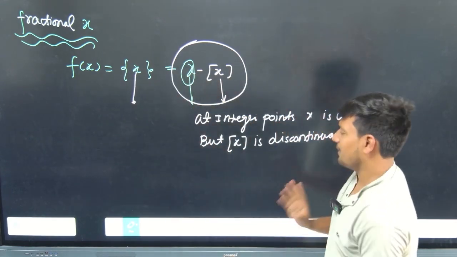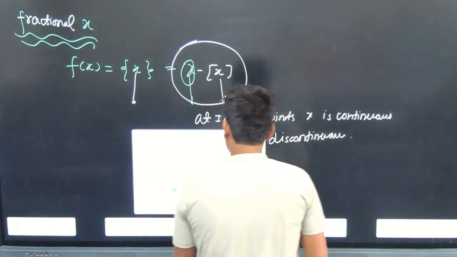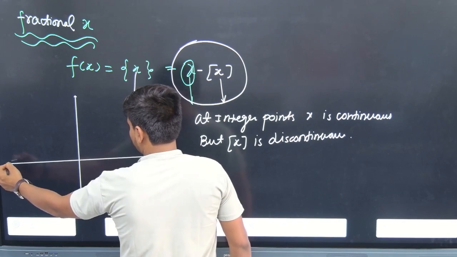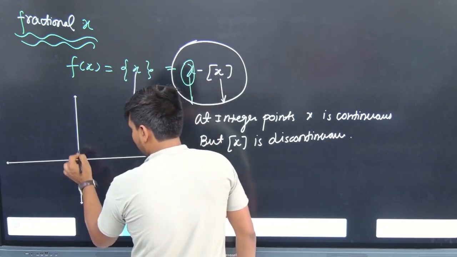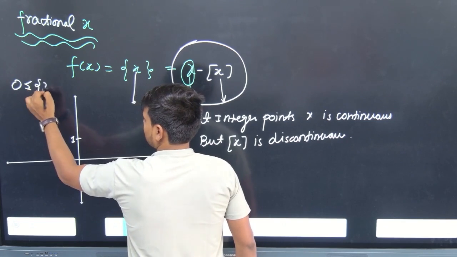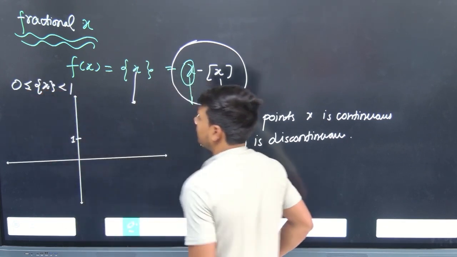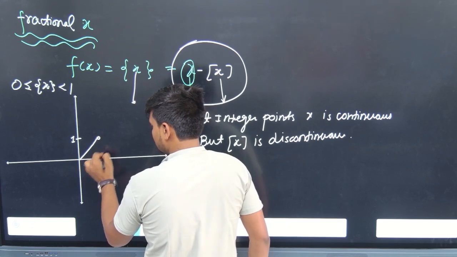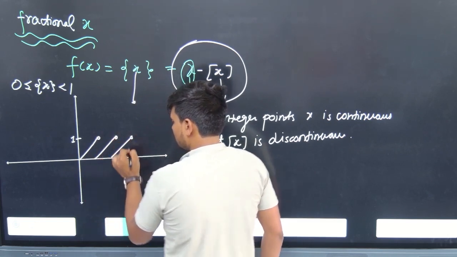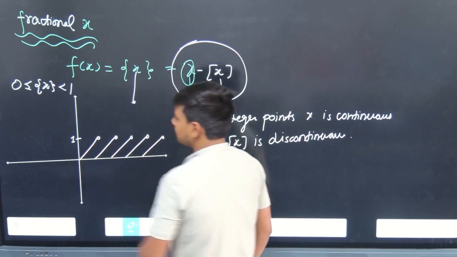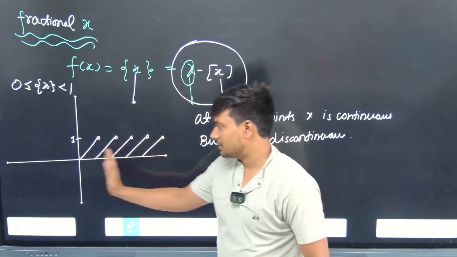We can see the graph. For fractional x the range is 0 to 1, less than 1. So the graph is like this one, this one, this one, and also we can draw the graph on the left side.